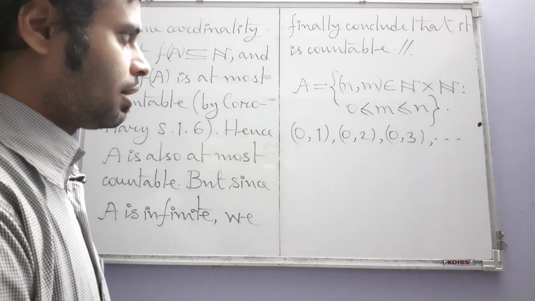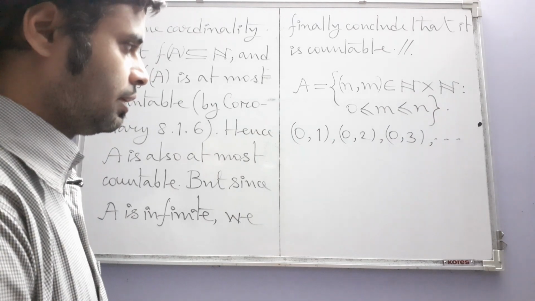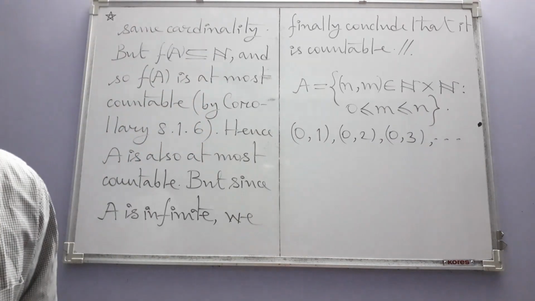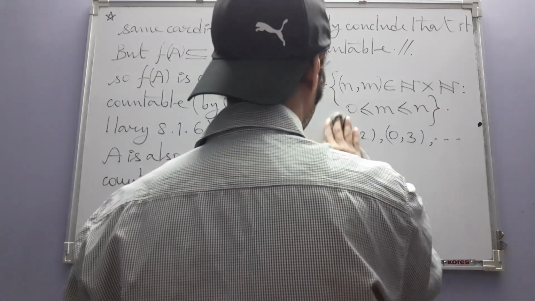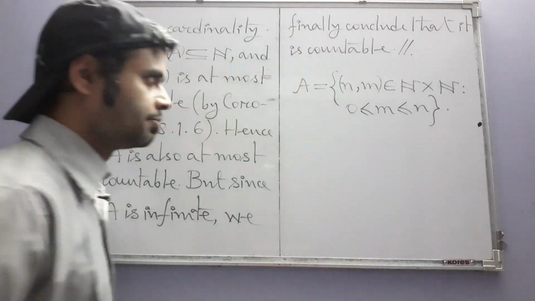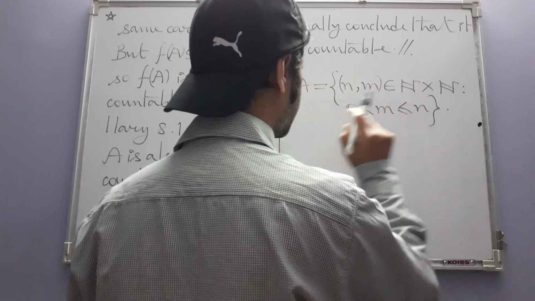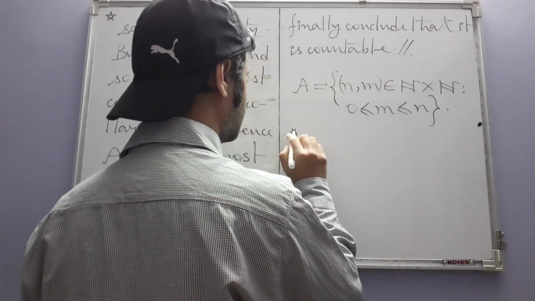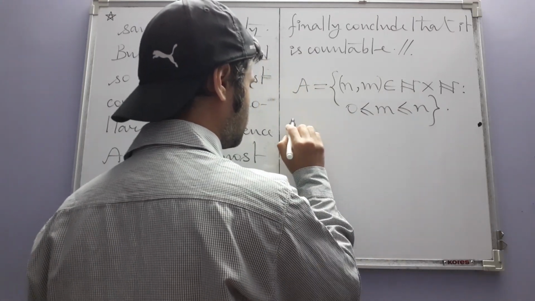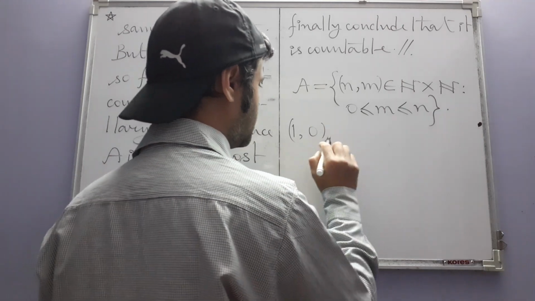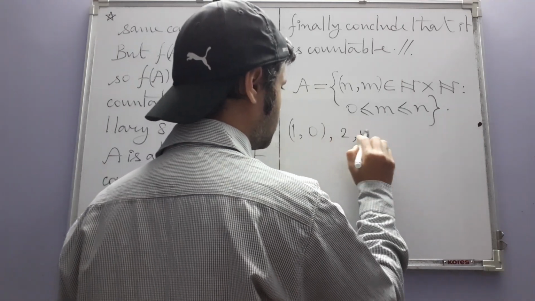All of them are okay, wait, no, I have in fact written the exact opposite thing, because m needs to be less than or equal to n. So if you want, you can take 0, 0 also.